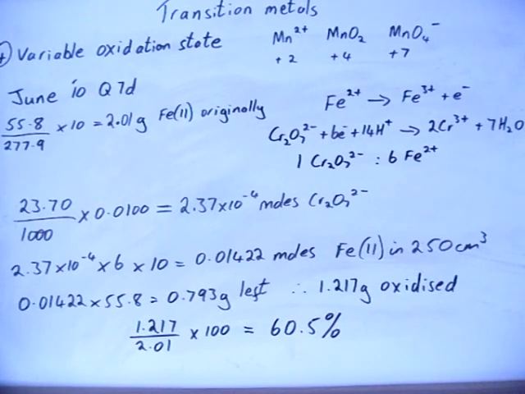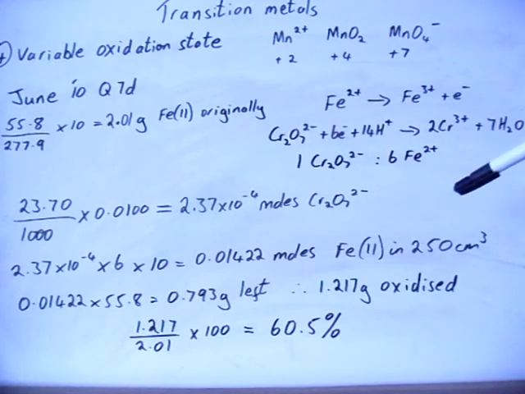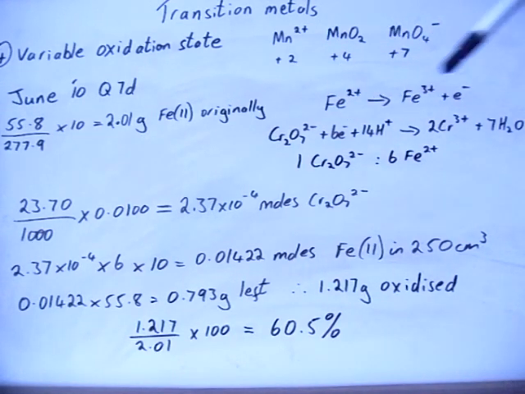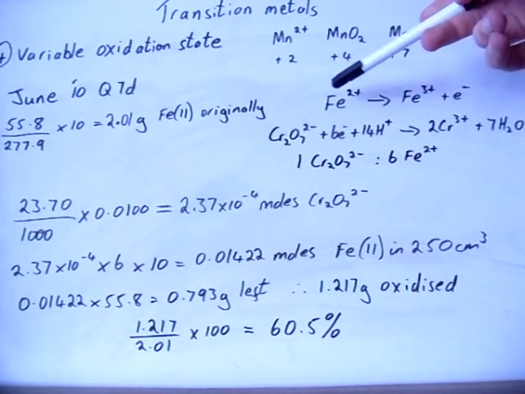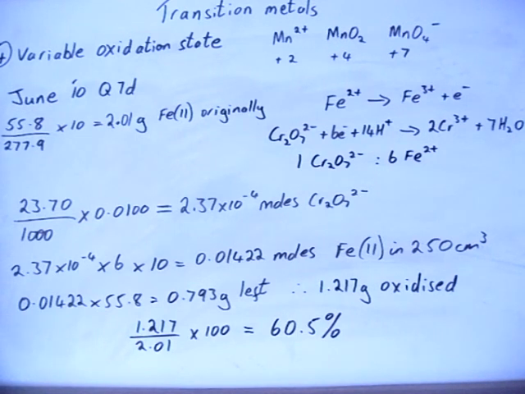So the dichromate, as we can see here, is acting as an oxidizing agent. It's making the iron 2 lose the electrons to turn into iron 3+, and in effect the dichromate is being reduced. So reducing agent, oxidizing agent. So the dichromate's just checking to see how much iron 2+ is left.